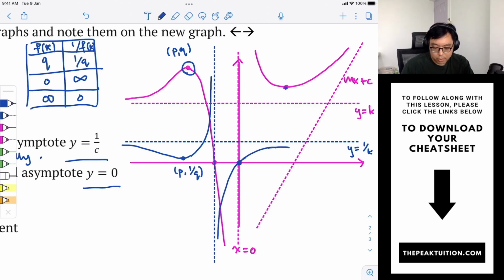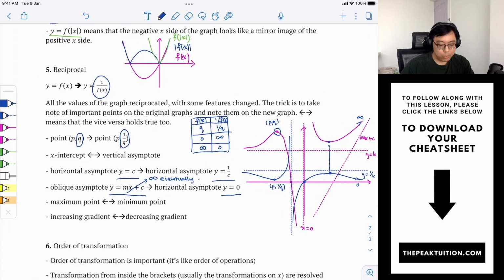This point will correspond to this point as another maximum point here. Doesn't really look like it, but the idea is there. Then it will tend to 0 as an asymptote, because in this direction the original goes to infinity, so here it must go to 0. So this is an example of how to reciprocate the graph.